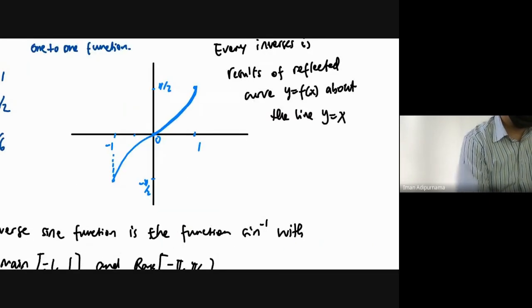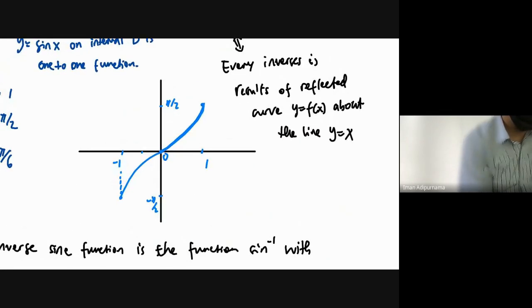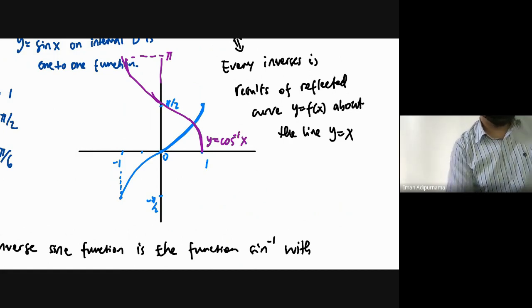So if I draw the cosine inverse, let me just draw a little bit, and you can conclude by yourself. This will be the cosine, and this will be the cosine inverse. It's not really that smooth, so I hope you can understand that. The shape is actually similar to the sine inverse, but it's just going in a different direction.